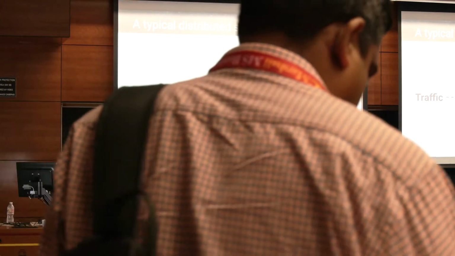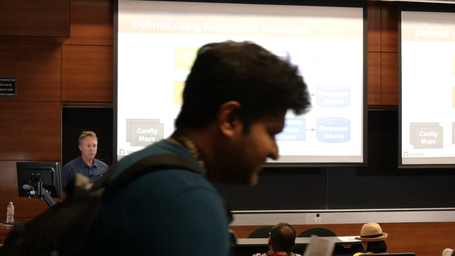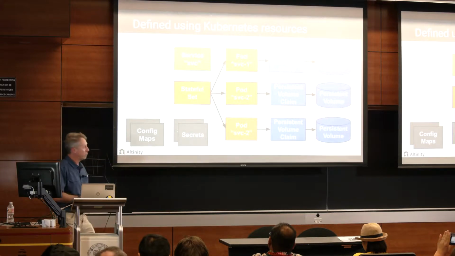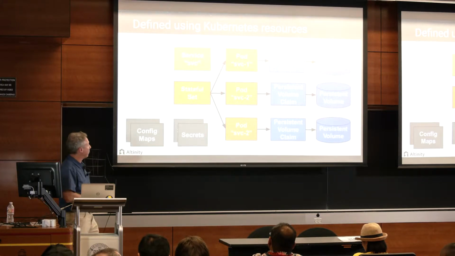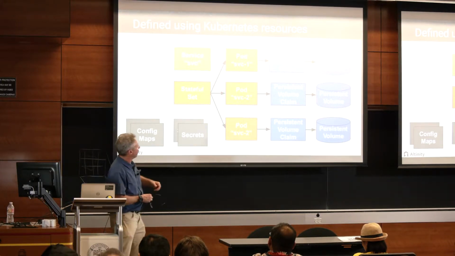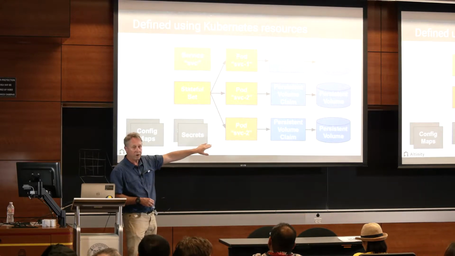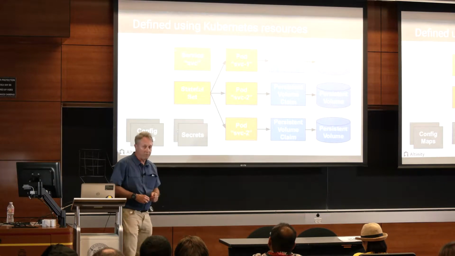Kubernetes defines this using what are called resources. Some of the terms take a little bit of getting used to, but it basically is a way of saying, hey, I want an application that has these properties. So what that will reduce to is, let's start bottom up. We'll have what are called persistent volumes, and they are generated by what are called persistent volume claims.